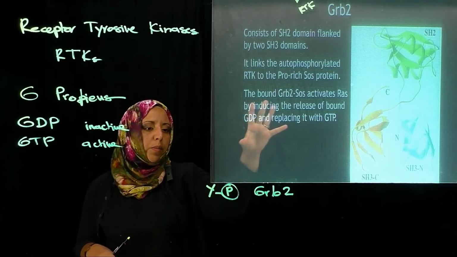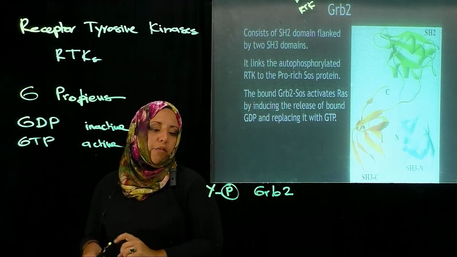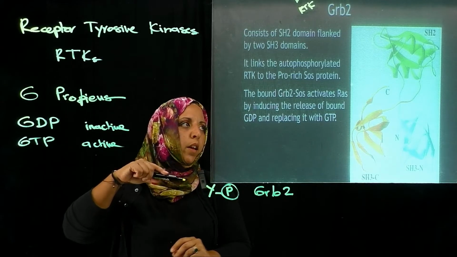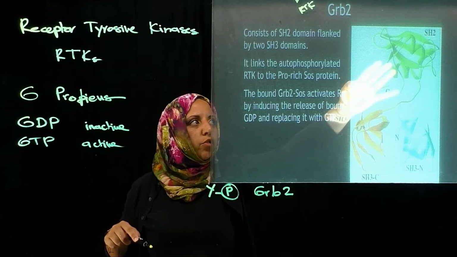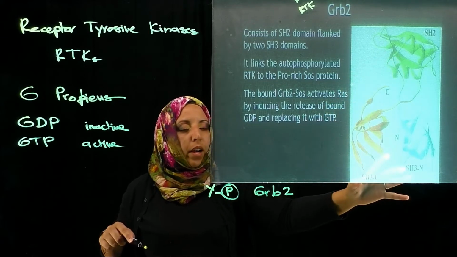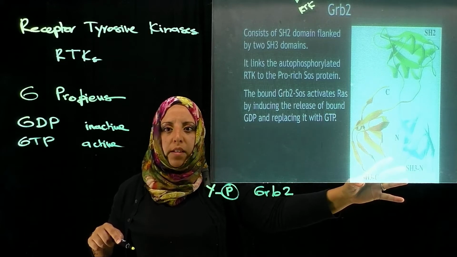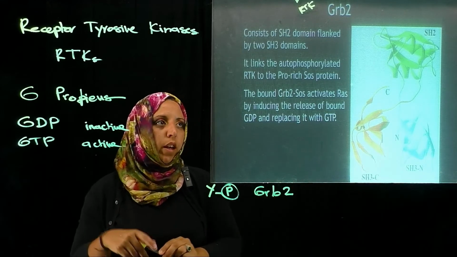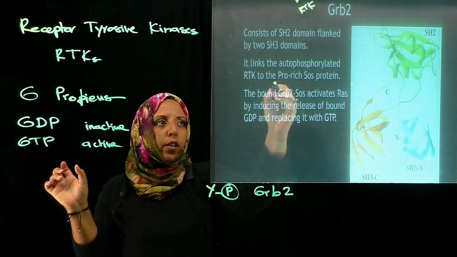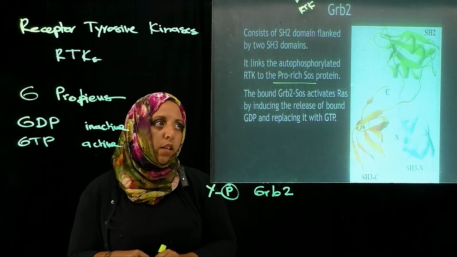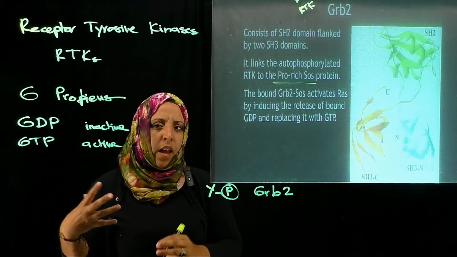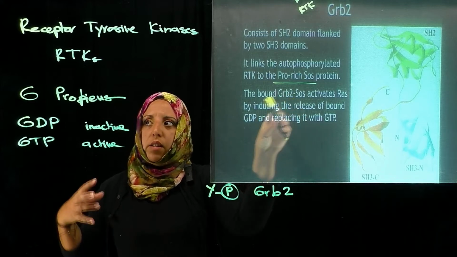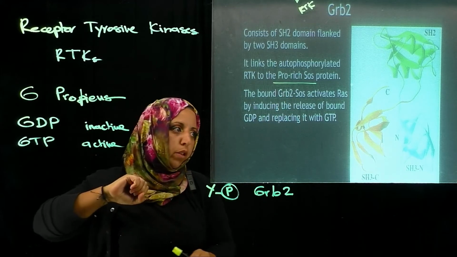So they specifically interact with phosphorylated tyrosine residues in receptor tyrosine kinases. The SH2 domain is also flanked by two different SH3 domains that will interact with a protein that is rich in proline residues, specifically the proline-rich SOS protein. And then we have a complex between GRB2 and SOS that will activate the G protein.